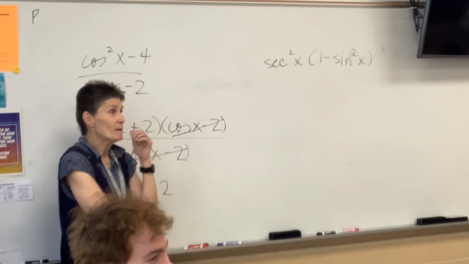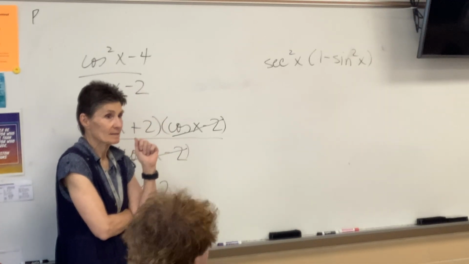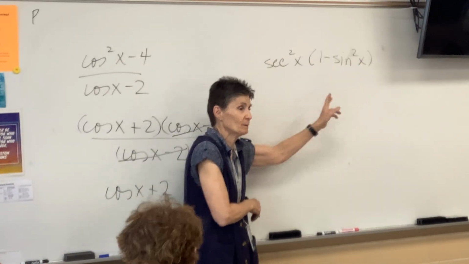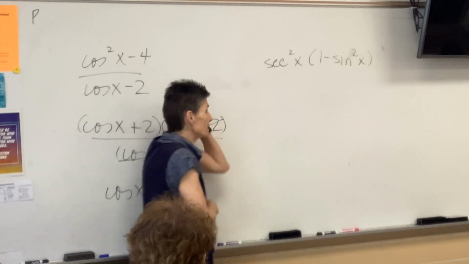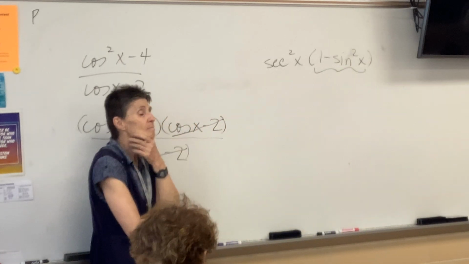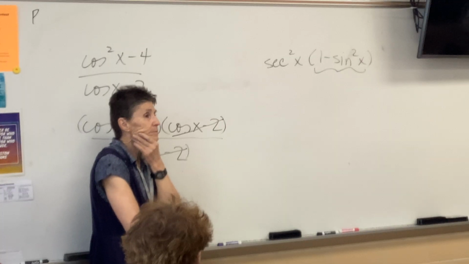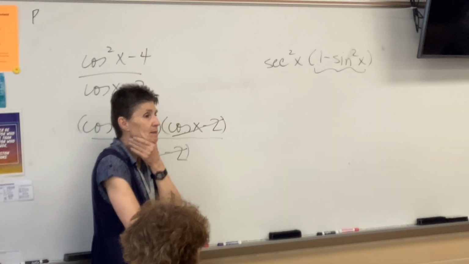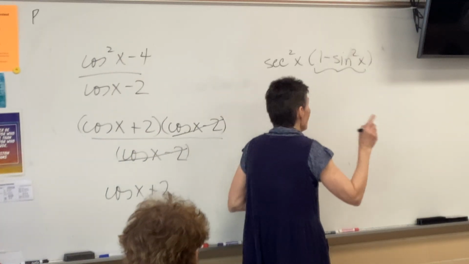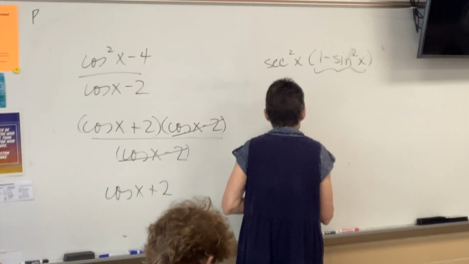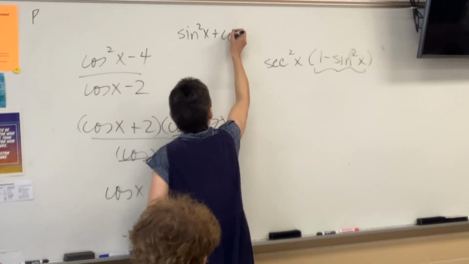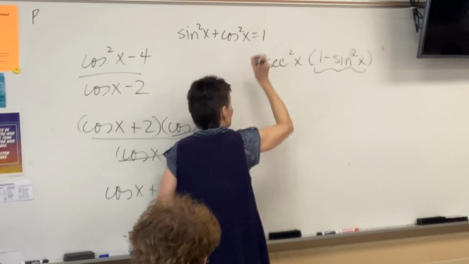All right, we have done a problem like this a couple minutes ago. In fact, I just erased it. It was when I erased to put this one up. There is something special about that. Can anybody tell me? So we know from our sheet that sine squared plus cosine squared is 1, right?